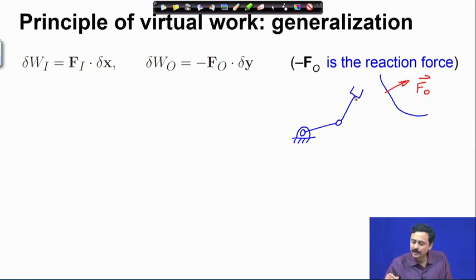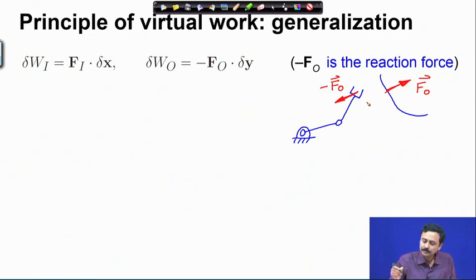So, on the manipulator there must be a reaction force. Now, since this is a vector, I must write it as minus FO. So, FO is the force being applied by the manipulator on the external world through the end effector, and minus FO is the reaction force that the manipulator feels.